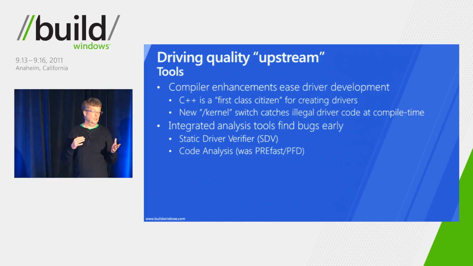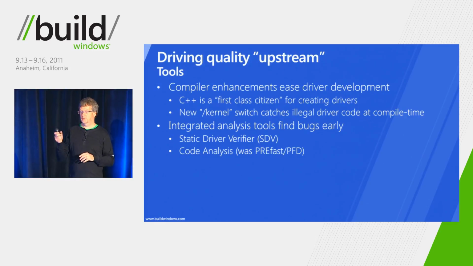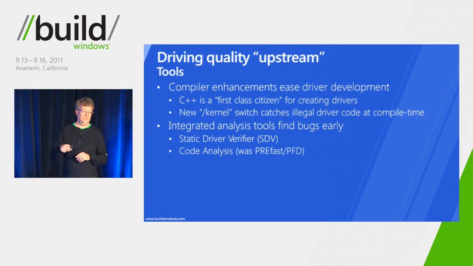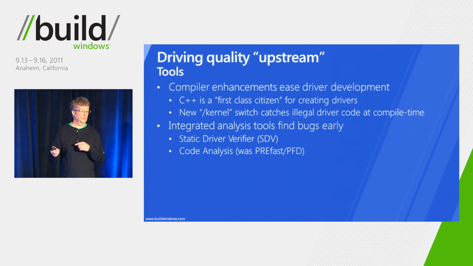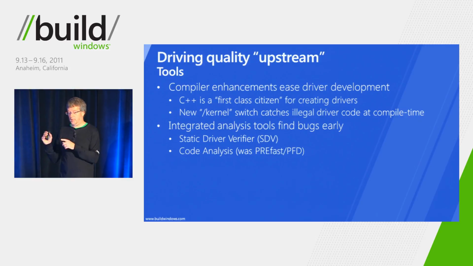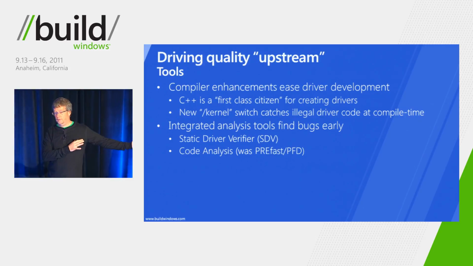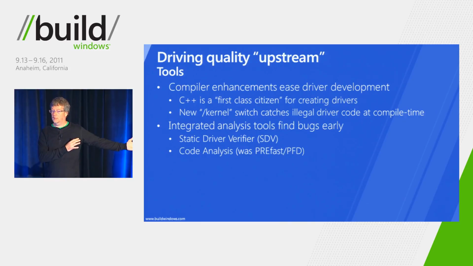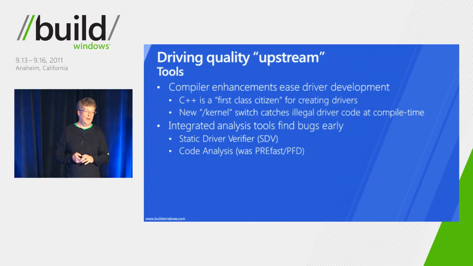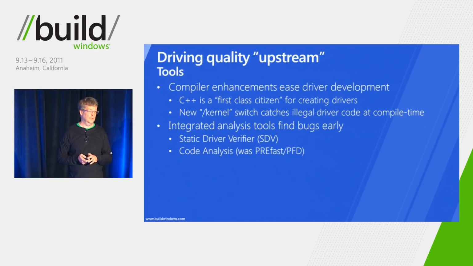It looks for the exact sorts of C++ uses that you can't do when writing a kernel mode driver, and so you catch things. Again, this is part of moving quality upstream. Now you catch that problem when you try to compile, not later on when you're going, my driver doesn't load, and I have no idea why. There are some other switches too, but /kernel is the big one.